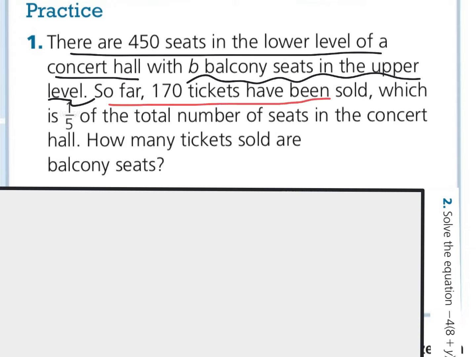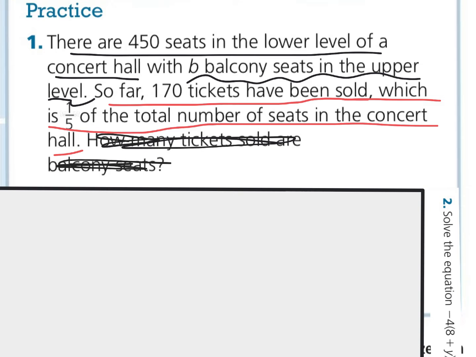So far 170 tickets have been sold, which is 1/5 of the total number of seats in the concert hall. Now this question actually has been changed. The question they had here wasn't actually the correct question they should have been asking. The question now is how many balcony seats are in the concert hall?